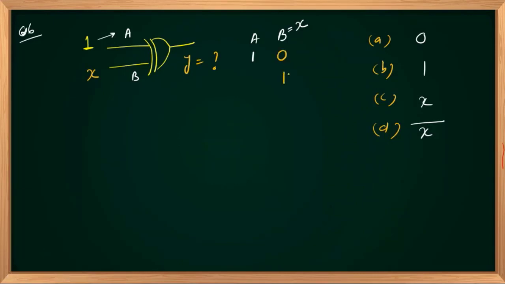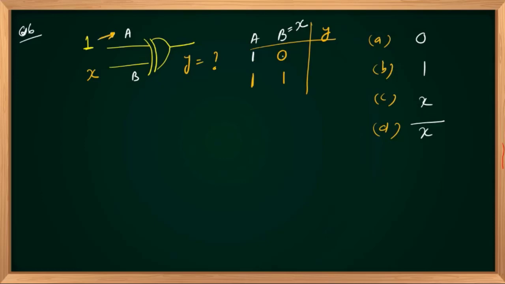Two options are there, okay? But the A value will always be 1 because the upper input is permanently connected to logic 1. The lower input can take either 0 or 1 depending on the value of X. So these are the possibilities, and I'm looking for output Y. What about Y? It is an XOR gate.